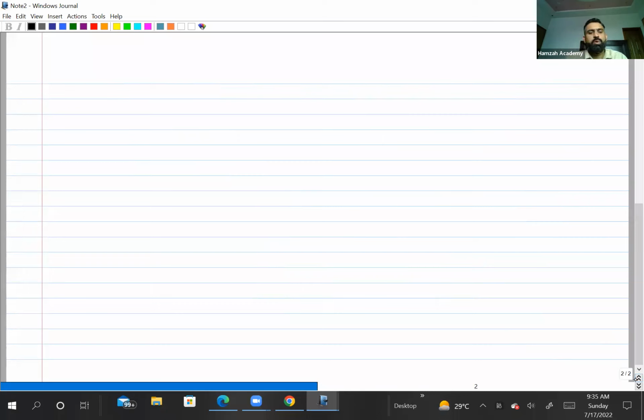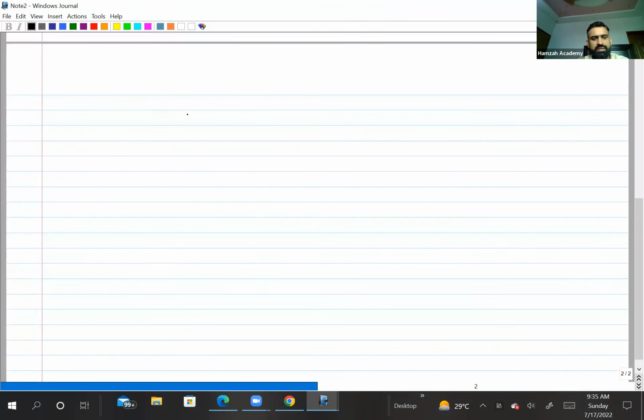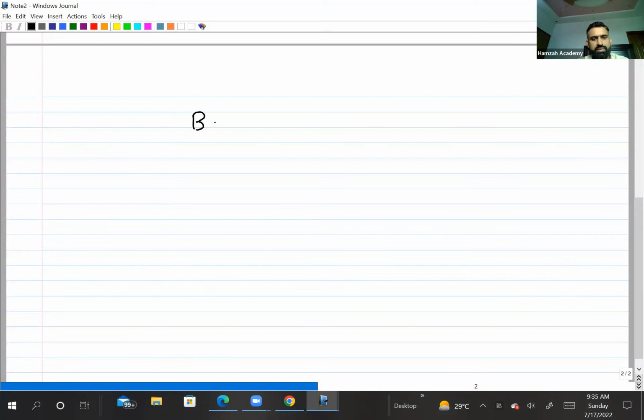One more thing which is accounted for in IAS 16 property, plant and equipment, that is bearer plant. By plant, when I say the plant, it is not plant and machinery.